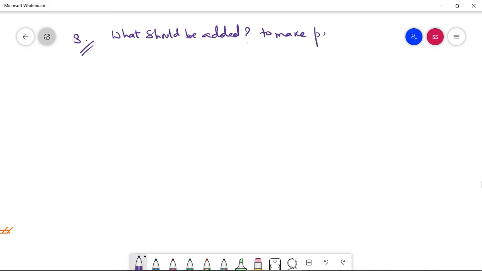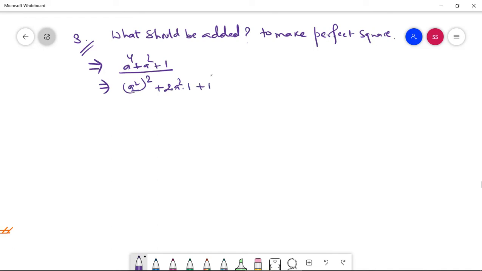Here a to the power 4 plus a square plus 1 is not a perfect square term, because while expressing in the formula, (a square plus 1) whole square is a4 plus 2 times a square times 1 plus 1 square, this is the perfect square term.